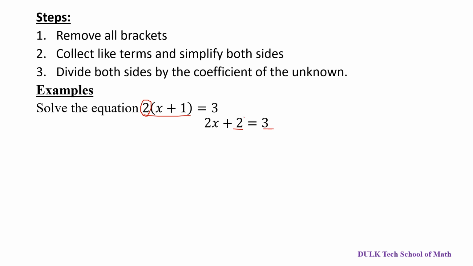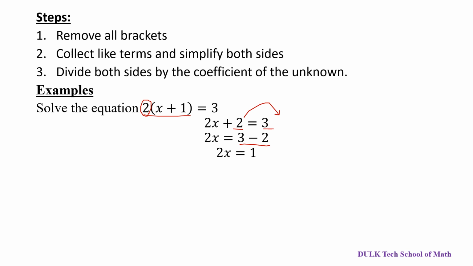So let's take this 2 to the other side of the equal sign. All right, as it changes the side, it also changes the sign, so it will be minus 2. So this simplifies to 2x, which will be equal to 3 minus 2, like this. And on the right hand side here, we can simplify. 3 minus 2 is 1, so 2x is equal to 1, like this.